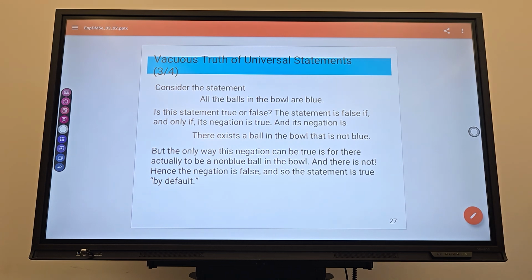But the only way for this negation to be true is for there to be a non-blue bowl in the ball. And there's not. So the negation is false, and so the statement is true by default.